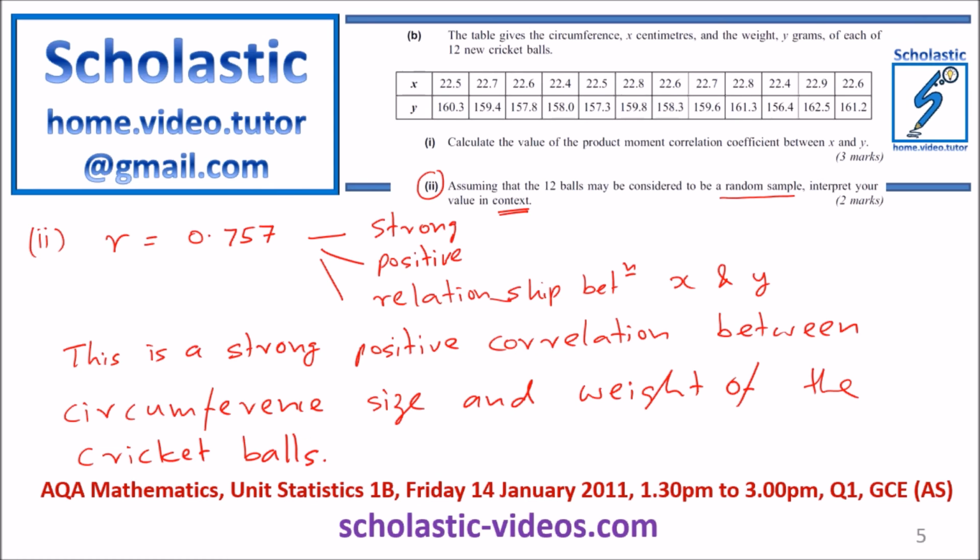So there's a context, or circumference length or circumference size. Basically this is between this and this. So that is the answer to the last part of the question.